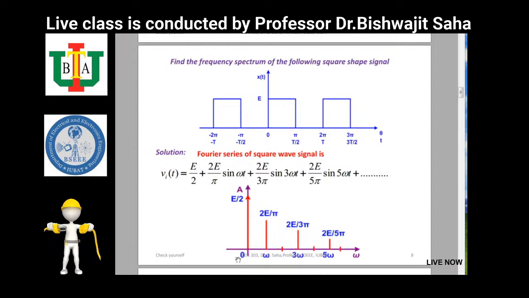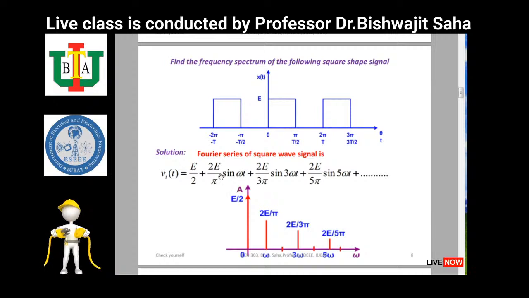So the drawing will be omega, twice omega, 3 omega, 4 omega, 5 omega, and so on, and draw the respective frequency. Here you can see E by 2. That means the DC value, and the DC value frequency is 0, so this amplitude has been drawn on the 0 frequency. Next term coming, the sine omega t, that means single omega, the fundamental component.